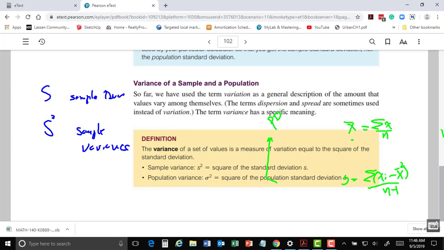To go from here to here, you're going to have to take the square root to get back. If you square both sides, you get rid of the square root, but it's no longer called the standard deviation, it's the square of the standard deviation. We call that variance. If you have the population, then we call that the population variance. It's nothing more than the square of the deviations. So if I say variance, don't freak out. It just means the square of the deviation.